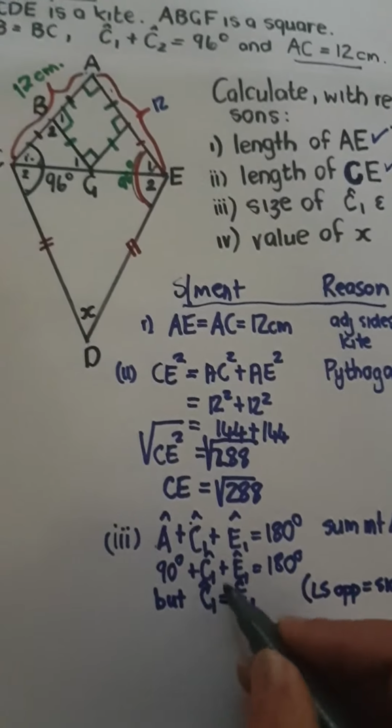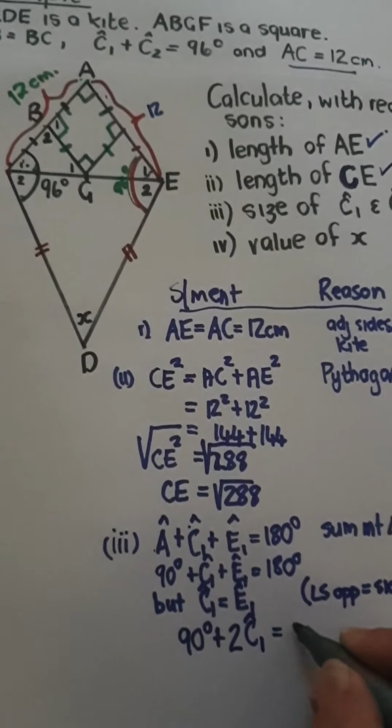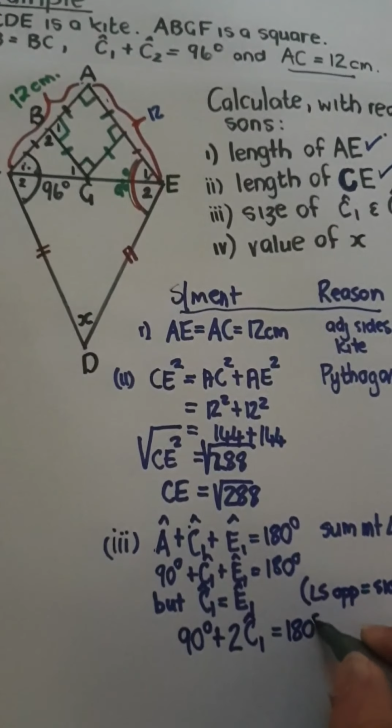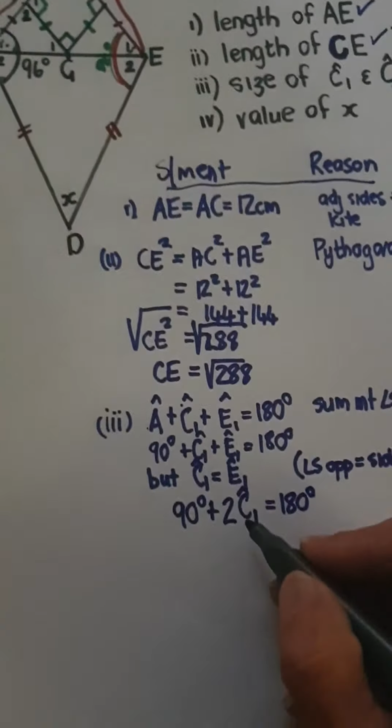Right. So because we want C1, I'm going to say that C1 plus E1 is the same as 2 times C1. So I'm going to rewrite my statement, and I'm going to say 90 degrees plus 2 times angle C1 must be 180. And because I want C1, I'm going to use equations.